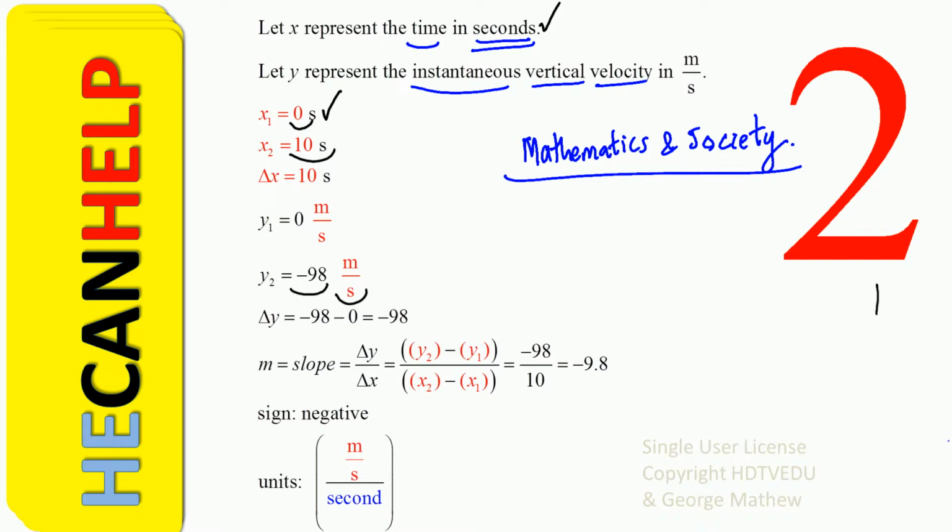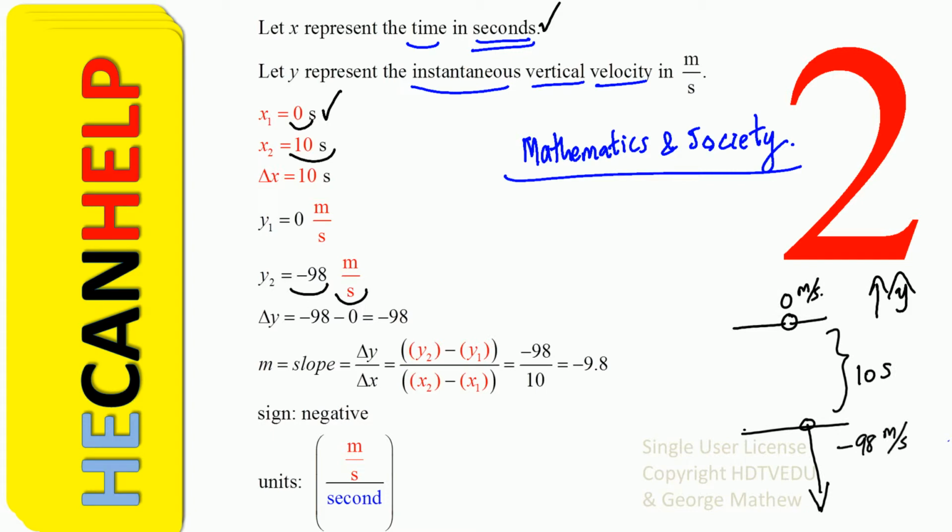So if you define positive y direction as vertically up, and if you drop an object from rest, 10 seconds later our object will have a velocity of negative 98 meters per second. Why negative?